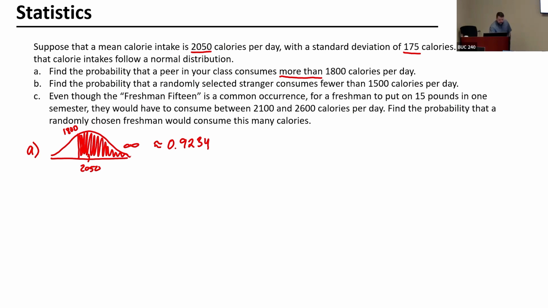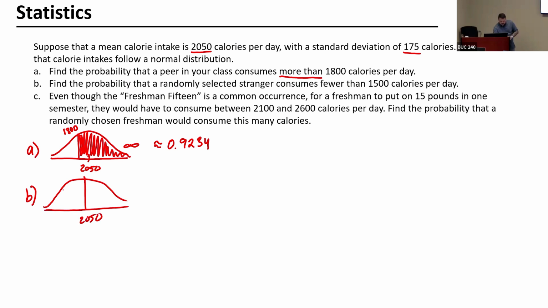So let's look at B. Find the probability that a randomly selected stranger consumes fewer than 1,500 calories per day. Once again, drawing my picture, not being perfect, I don't care.